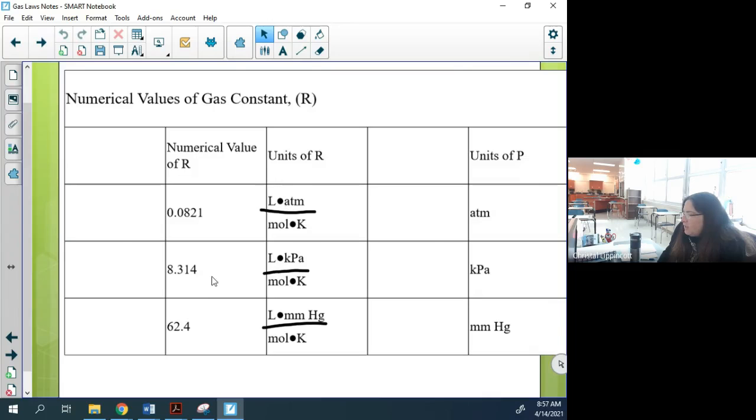If your pressure is given in kPa, you would use this number. If your pressure is given in millimeters of mercury, you would use this number. This gas constant also uses liters, which means your volume has to be in liters, or if you solve for volume, the unit will be liters. T is your temperature, so your temperature has to be in Kelvin in order for this problem to solve correctly.